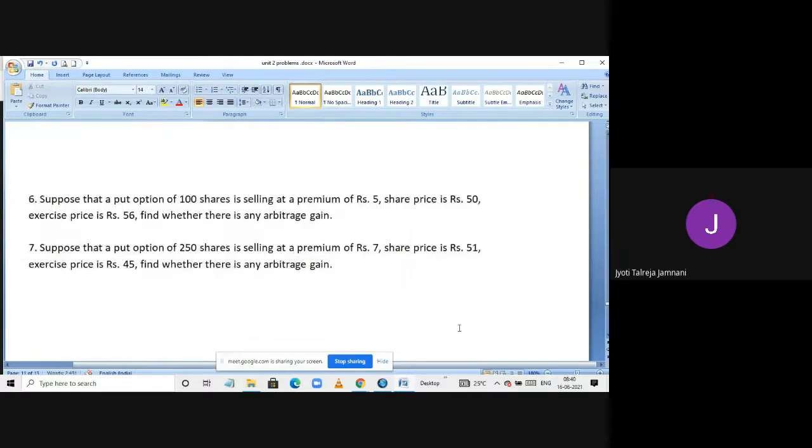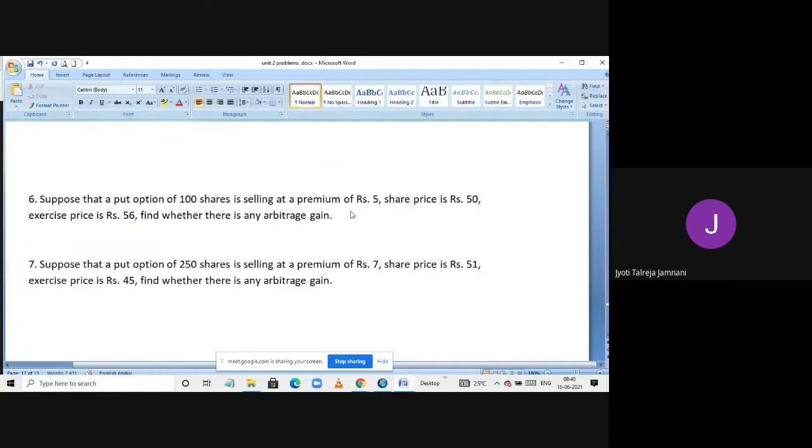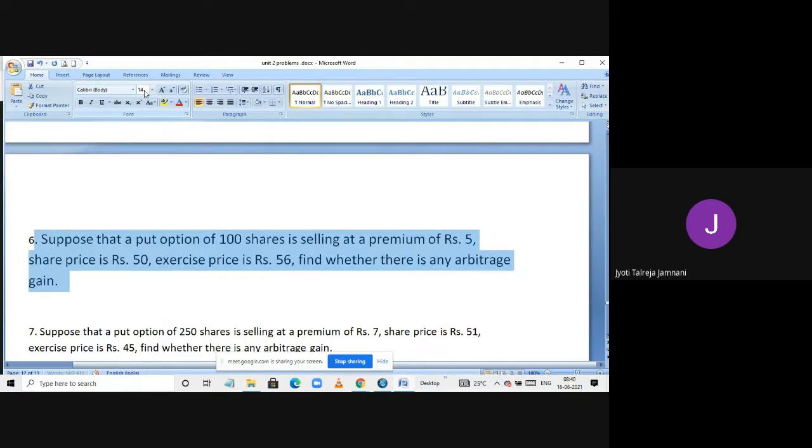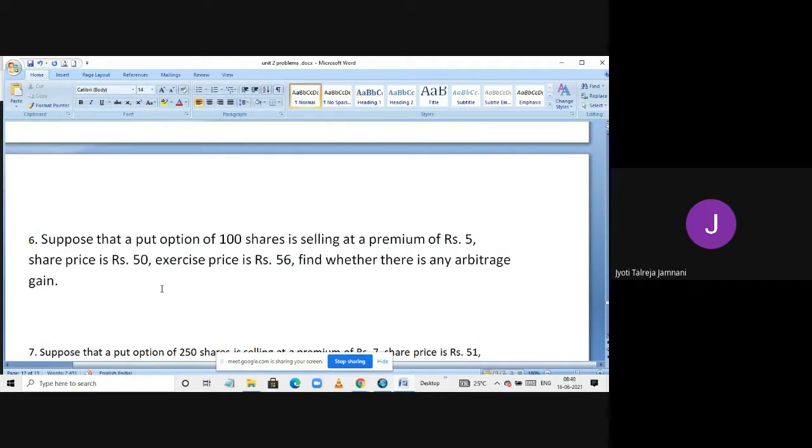Let's do the next sum. Suppose that the put option of 100 shares is selling at a premium of rupees 5. So here the number of shares is equal to 100.